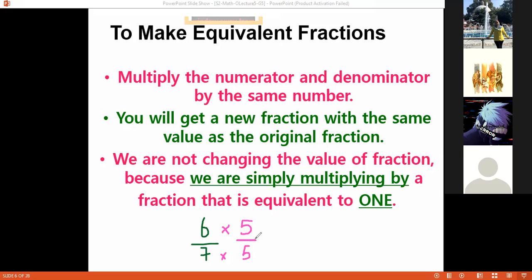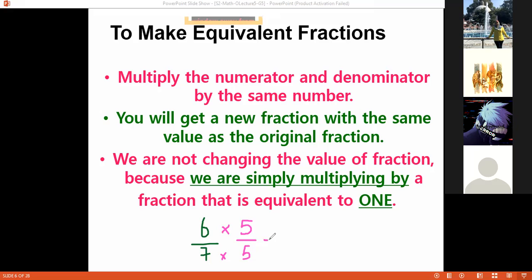Guys, what's 5 over 5? It's an improper fraction. It's equal to 1. So we are actually multiplying 6 over 7 by 1. That's why the value is not going to change.